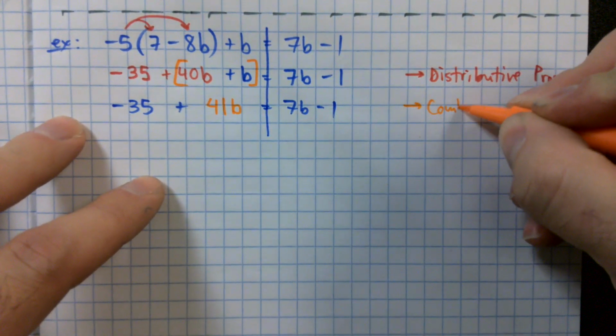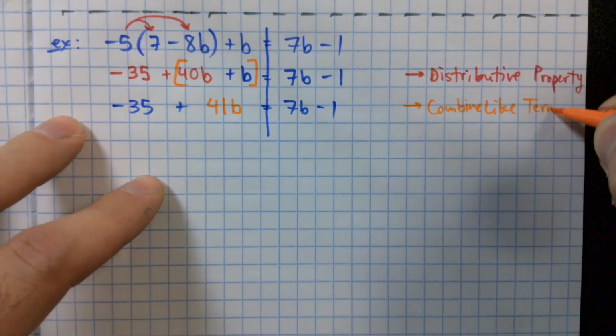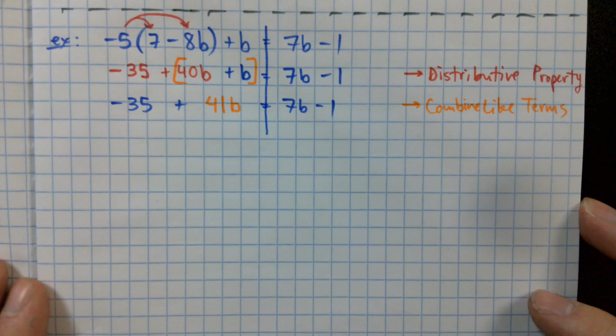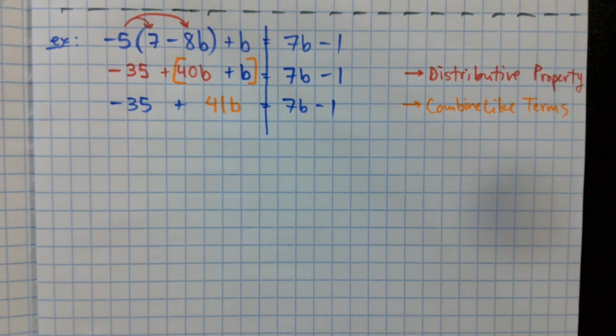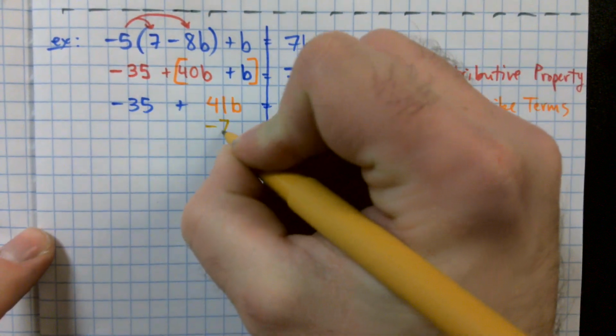And what we did there was combine like terms. What can I do now? Yeah, Anthony, what's next? You can move the 7b to the other side by doing what? Subtracting. Minus 7b, minus 7b.